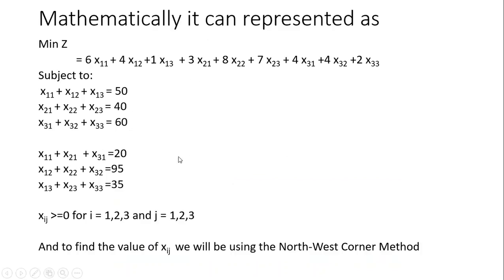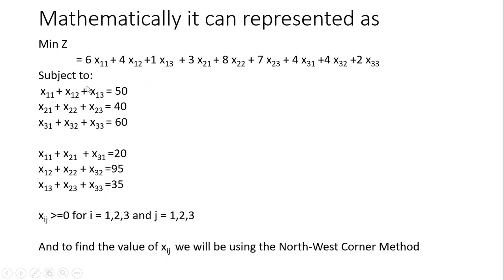Mathematically, if I want to represent the equation, it would look something like this: minimize Z, wherein 6x11, 4x12, 1x13, and so on. Here x11, x12, x13 refer to the quantity to be transported, whereas 6, 4, 1 are the cost associated with each unit of goods transported.